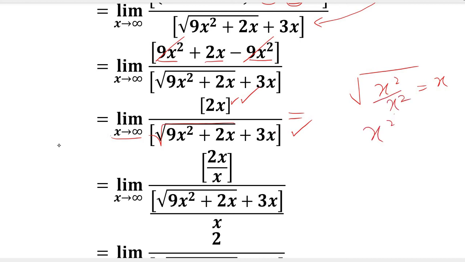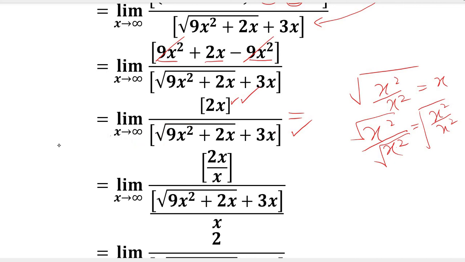So if I have this thing and I divide it by x, I can write x as the square root of x squared, because this will cancel out this, and we are again left with x. Now I can take the square root common, x squared divided by x squared. Since x approaches positive infinity, we take a positive x. In case we were taking x approaching negative infinity, we would divide by a negative x.